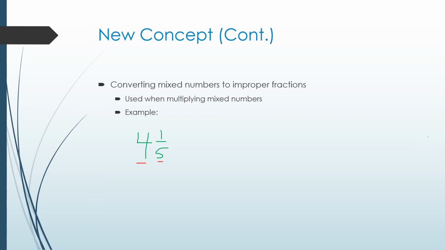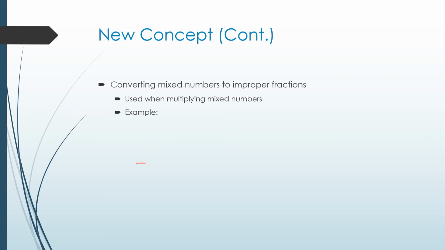So multiplying the whole number and the denominator gives us 20. 4 times 5 is 20. And then we're going to add the numerator to that answer. So this one would be 21, and then we keep the same denominator we started with, fifths. 21/5.